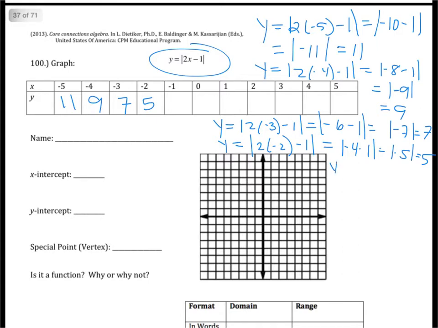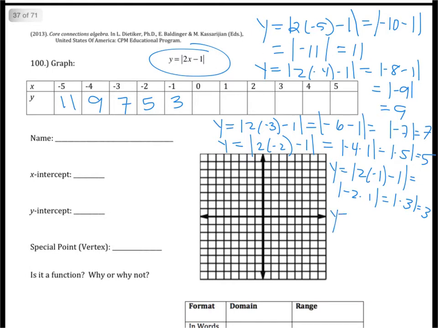The absolute value of 2 times negative 1, take away 1. So absolute value of negative 2, take away 1, which is negative 3. The absolute value of negative 3 is 3.